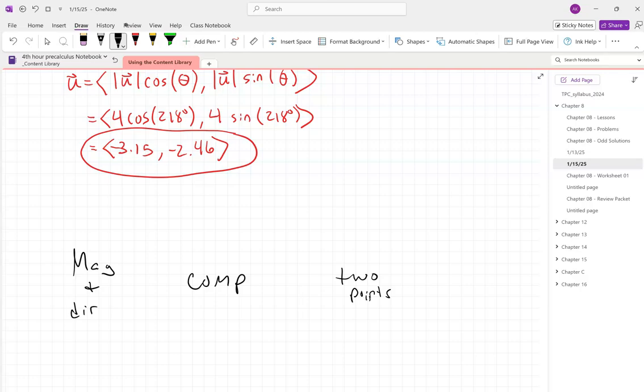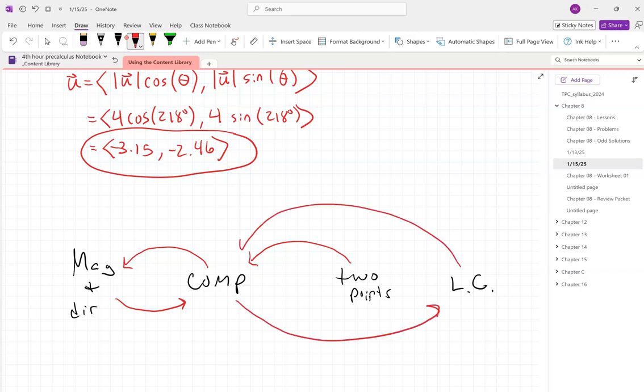And you have linear combination, which is what we talked about in 8.2, but that's not material right now. So what we are talking about in this chapter is really just how to go back and forth between these different representations of a vector.